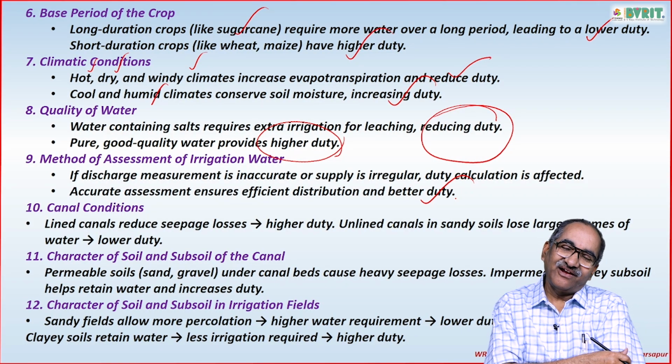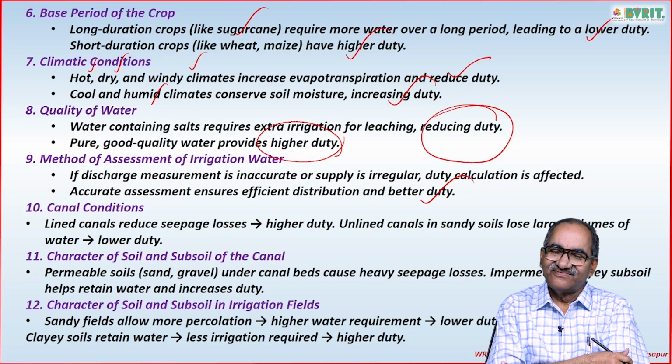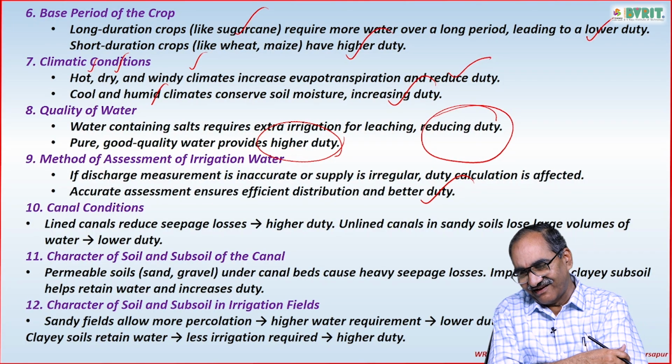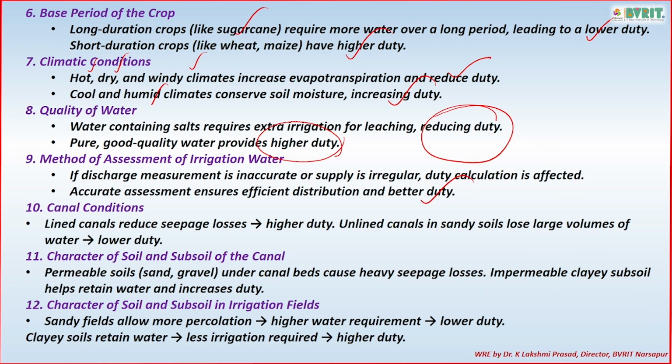And canal conditions, for example if it is a lined canal, the losses will be very, very less and duty is more. If it is an unlined canal, then naturally losses are more, then naturally duty is lower. Character of soil and subsoil of the canal: if the canal bed and banks are only sandy soils or gravel, then losses will be very high.